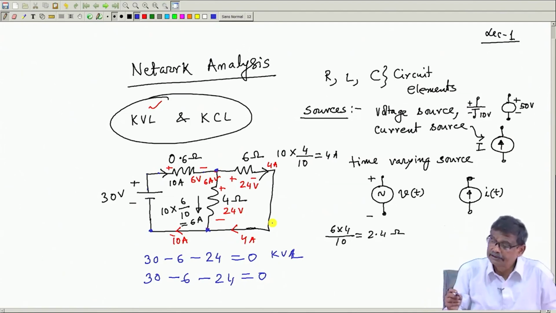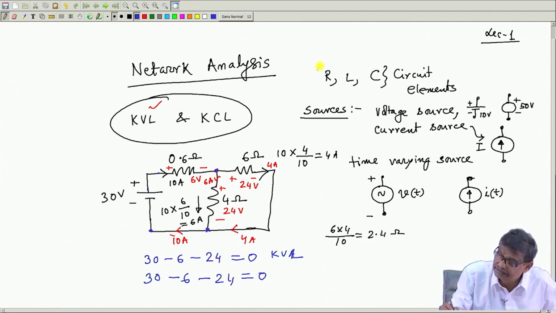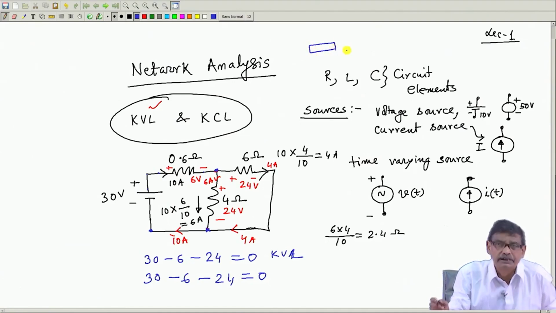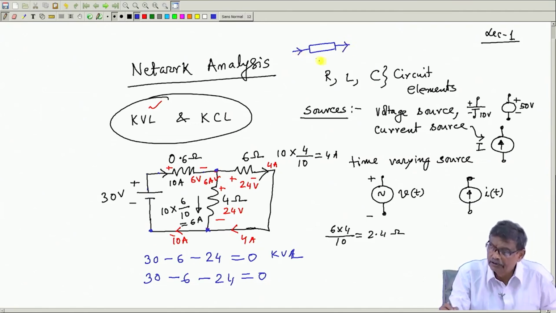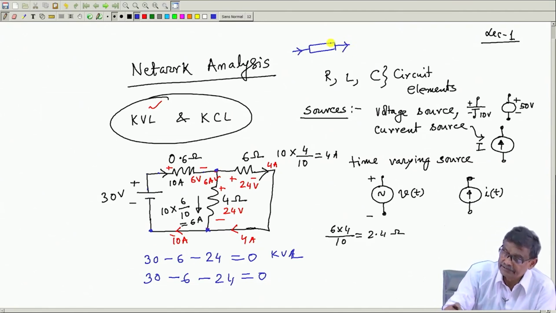Remember, we have learned that any general circuit element may be resistance, inductance or capacitance. Let me put it in a box, and suppose you calculate the voltage drop existing across that particular element.